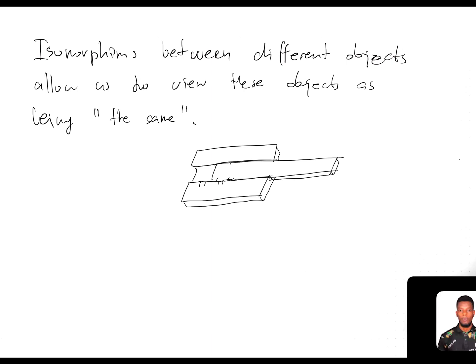In this way, the ruler allowed you to transform addition and multiplication. It allowed you to view them as the same. So that's an example of this idea that isomorphism between different objects allows us to view these objects as being the same. And you might want to get yourself a souvenir logarithmic ruler. Find one.